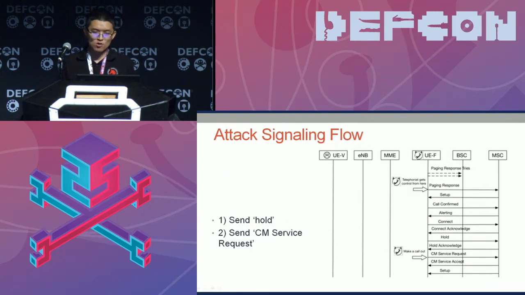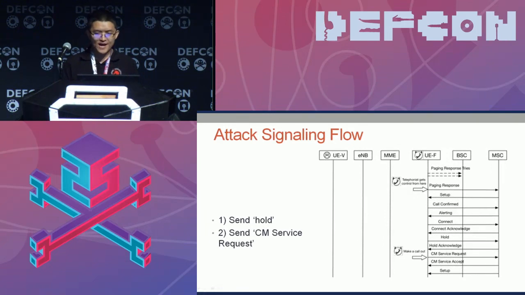Here we summarize the attack steps by showing this signaling flow. Telephonist gets the control from here. It sends paging response. Then the network sends back setup. And the call is confirmed.